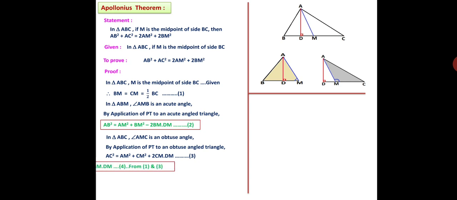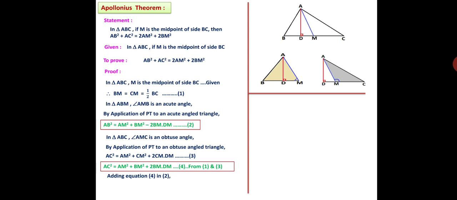This is equation 3. So from equation 1 and 3, in equation 1 BM and CM are the same, therefore we can write CM could be replaced by BM. Therefore you are getting AC square is equal to AM square plus BM square plus 2BM into DM. It is equation 4.